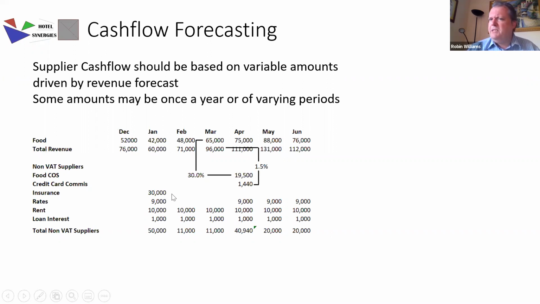Although your insurance will be split, prepaid over your P&L over 12 months, you probably may have to spend it all in 1 month. And again, the rates usually are on a 10-month basis. So there'll be 2 months where you actually have a bit of slack there. And all these built into your cash flow forecast will give you a better idea of where you're going.